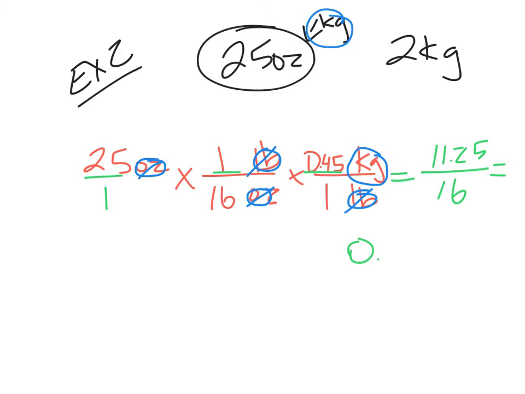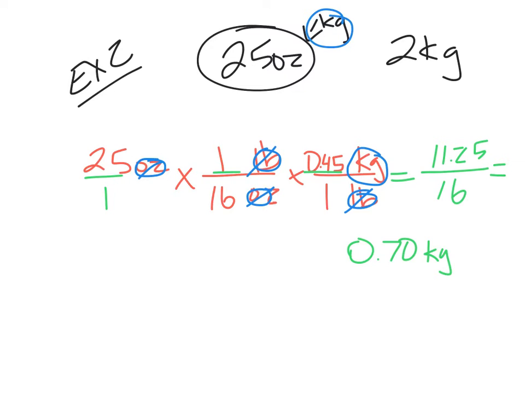What was 25 times 0.45? And then divide it by 16? 0.7. There it is. Yep. So we get 0.7 kilograms.